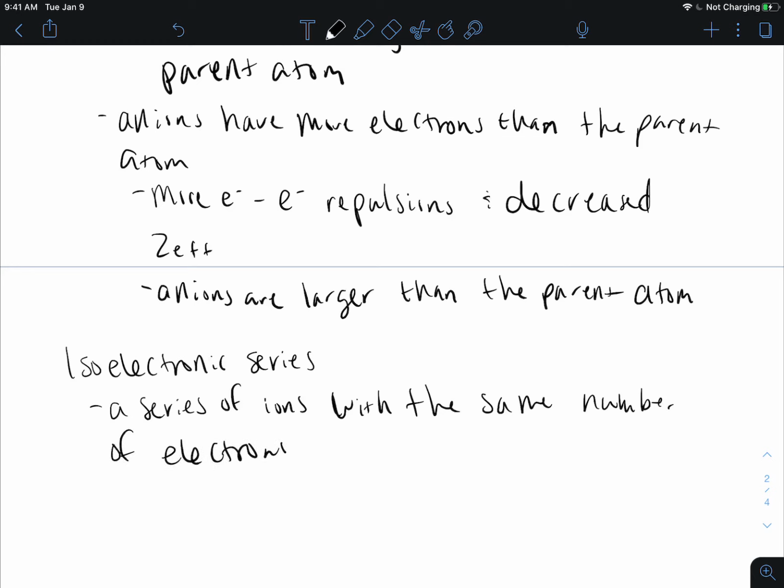It's called isoelectronic because it has the same electrons. In an isoelectronic series, the ionic size is going to decrease with increasing nuclear charge.